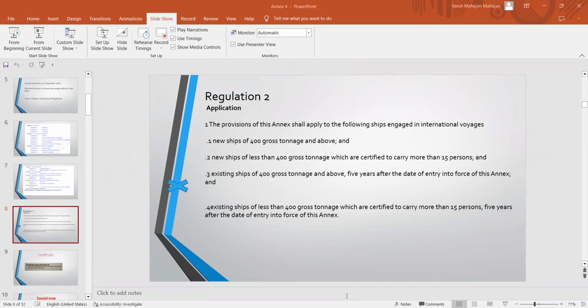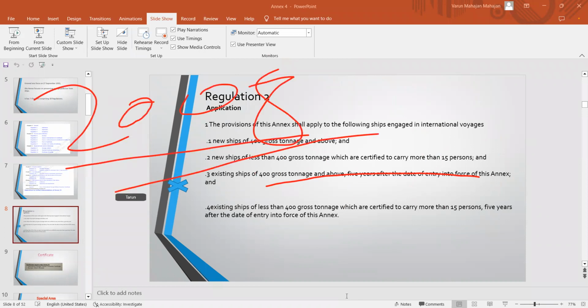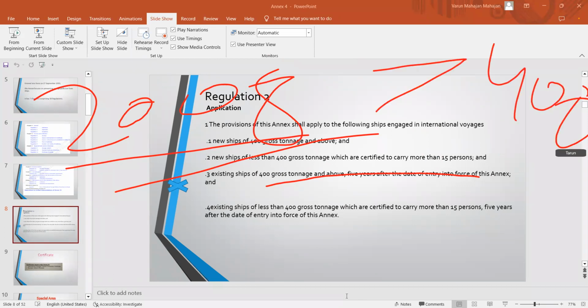So now, what is the regulation for an existing ship? Existing ship of 400 gross tonnage and above, 5 years after the date of entry. So after 2008, an existing ship, if it is more than 400 GT, has to follow this annex.